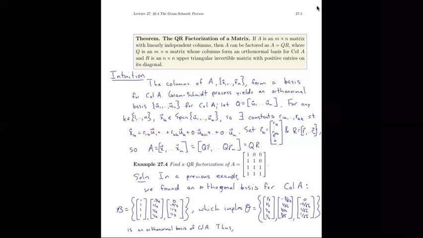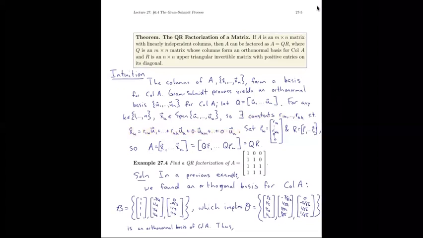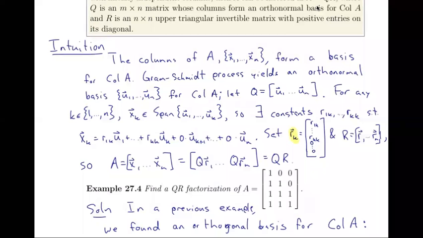When we're talking about the kth element, we have non-zero values until we get to the kth element, and zeros after that. So for x1, this vector would be r11 and then zeros for everything below it. For the second one, it would be r1k, r2k, and then zeros below that. And for the kth one, it's r1k through rkk, and then zeros below that.